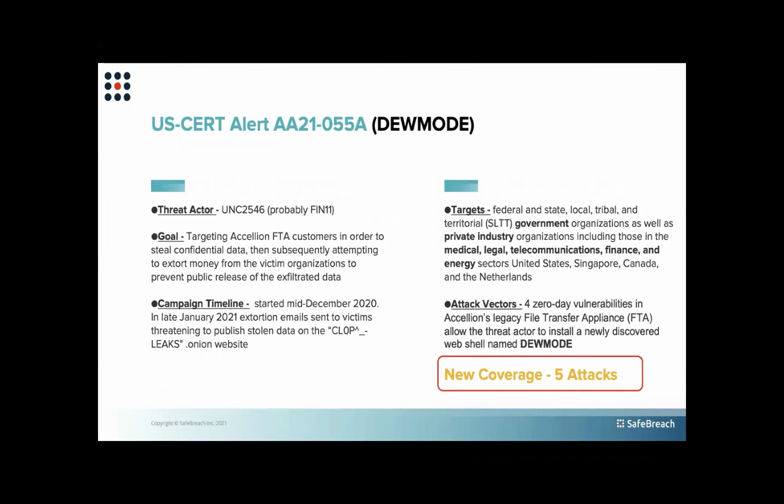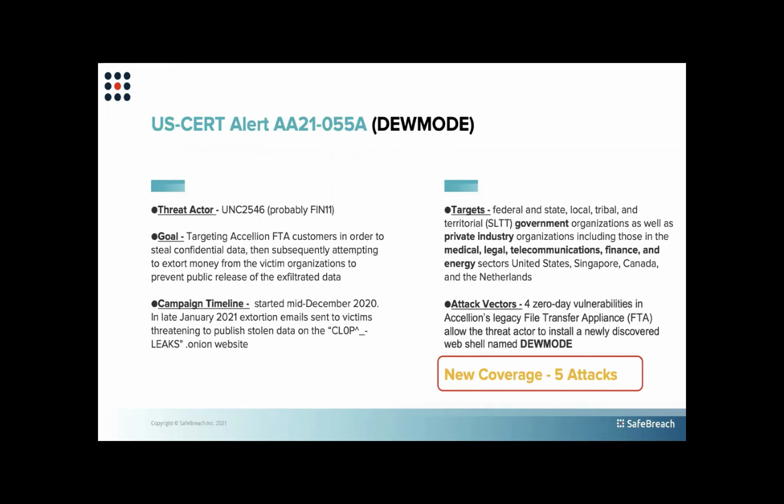And actually, it was our world record in timing. We released this coverage in 2 hours. So it was interesting. They started to attack victims in mid-December last year, but only in late January did they use the exfiltrated data, which the victims didn't know had been exfiltrated, to extort the victims, and they started to publish the stolen data on an Onion website.